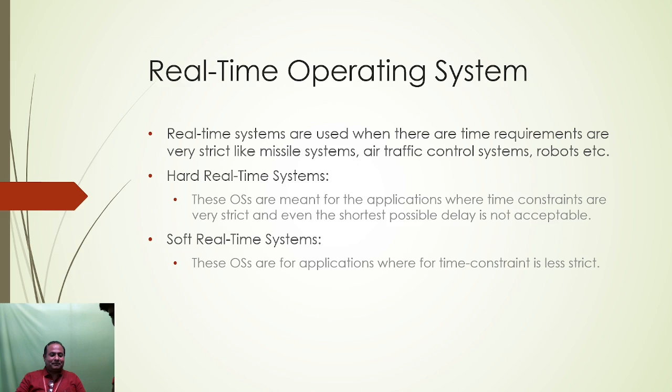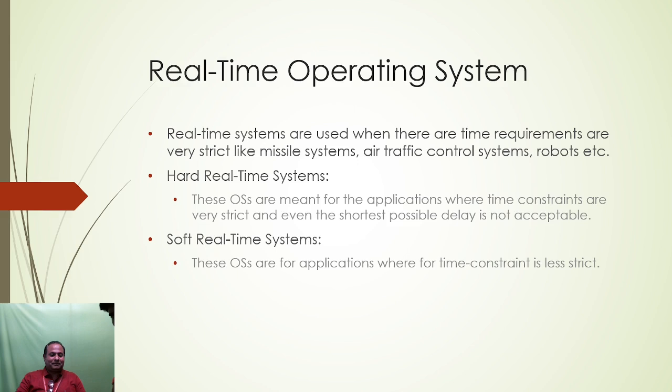Hard real-time means we should not make any delay in the system. Here delay is not accepted. The application is time constrained, and the time constraint is very strict. Suppose 5 minutes are allocated to a particular application, that application should use exactly 5 minutes.